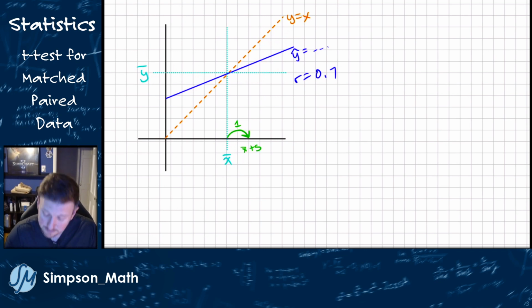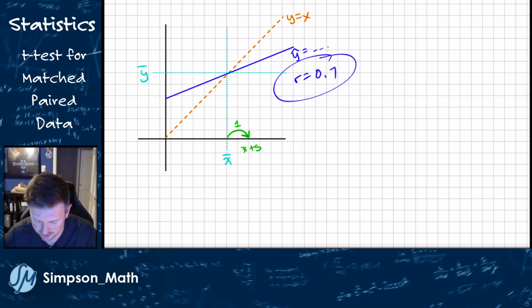What would happen is, if this was a perfect linear relationship, I would expect this dad to also have a son that was 1 standard deviation above the mean. The problem is that's not going to happen. I keep saying dad having a son just because that's the context.